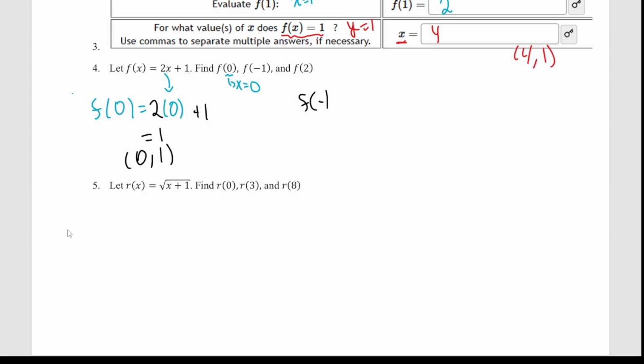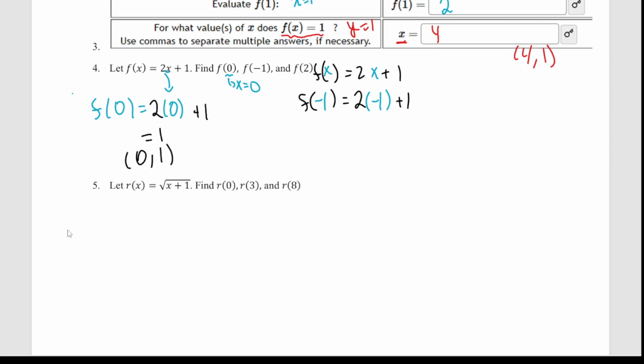Similarly, if we want to find f of negative 1, that means everywhere we see an x in the equation, we're going to replace it with negative 1. And I'm just going to illustrate that again with colors here. So again, remember the equation was f of x is equal to 2x plus 1.